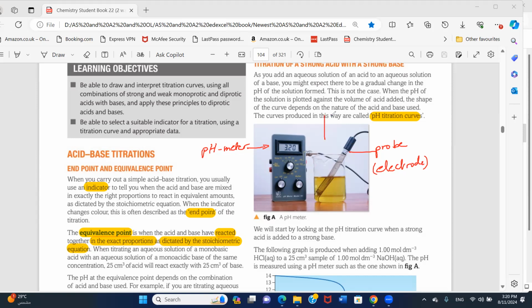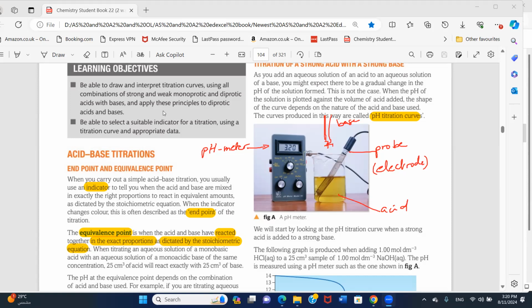Now, what we are going to do is to get a burette, and if this is an acid, we are going to drop a base from the burette, or of course the opposite. If we have a base, we are going to add an acid from the burette. That's what we are going to do, to measure what happens to the value of the pH as more and more of the acid, or more and more of the base, is added from the burette.